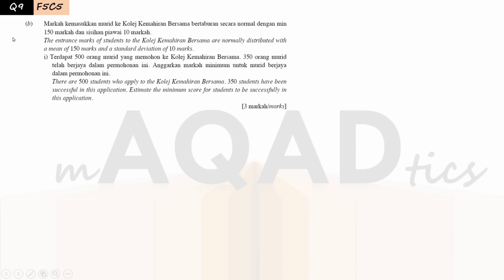And for part B, we are focusing on normal distributions, as you see here. It says the marks of the students are normally distributed, so we are going to put X as the marks of the student, and X follows the normal distribution with mean 150 and standard deviation of 10.